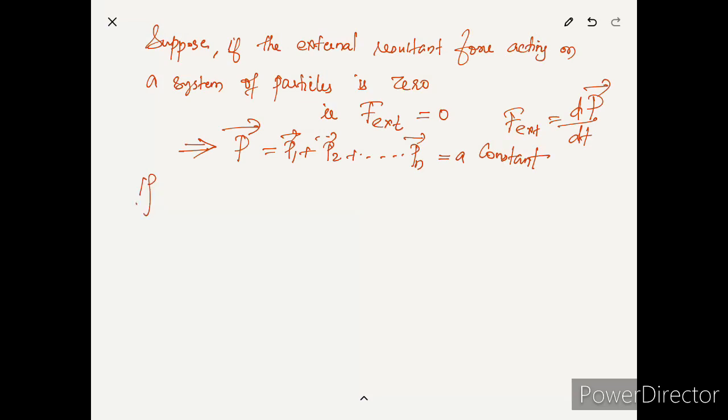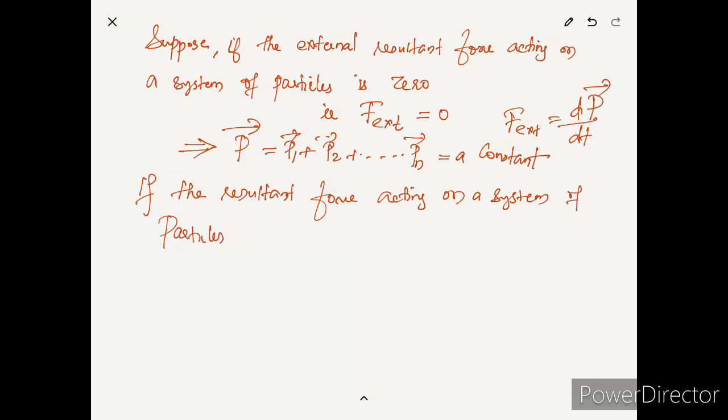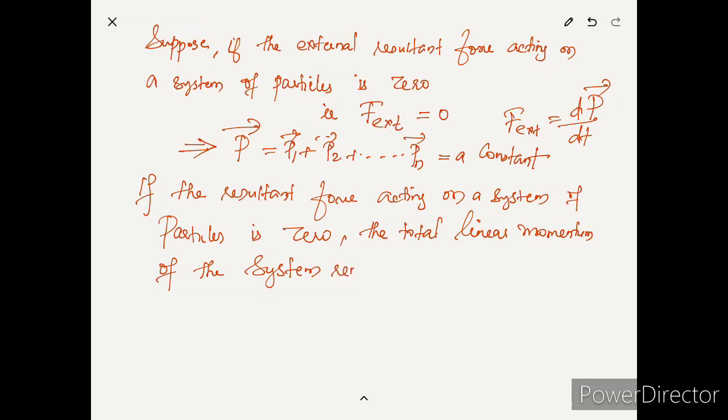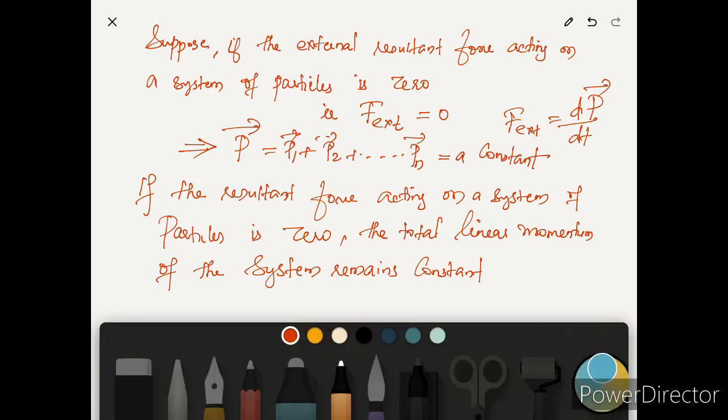Thus, it shows that if the resultant force acting on a system of particles is 0, the total linear momentum of the system remains constant.